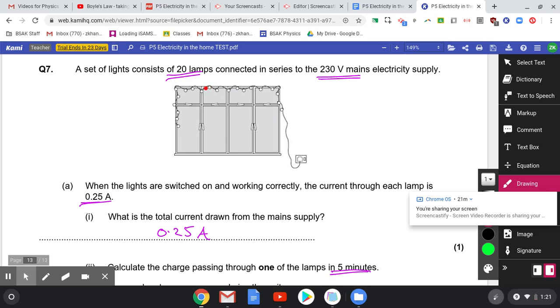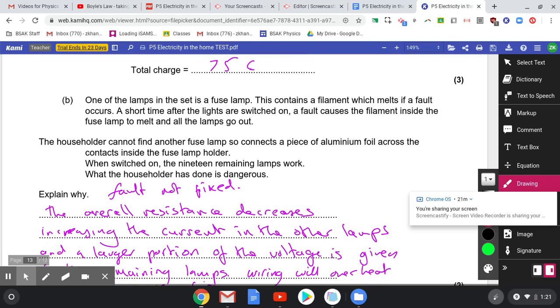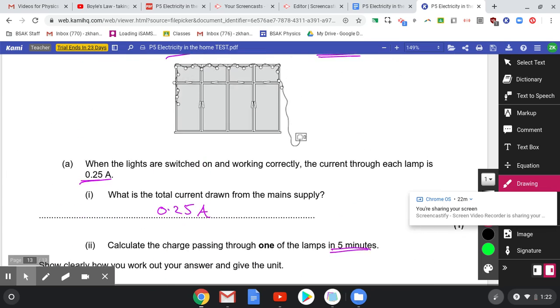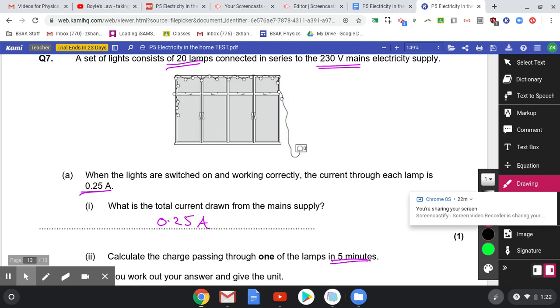By not having that bulb there, the overall resistance in the circuit has dropped. So the overall resistance decreases because the fault has not been fixed. If the overall resistance decreases, that means more current goes through every single bulb that's remaining.